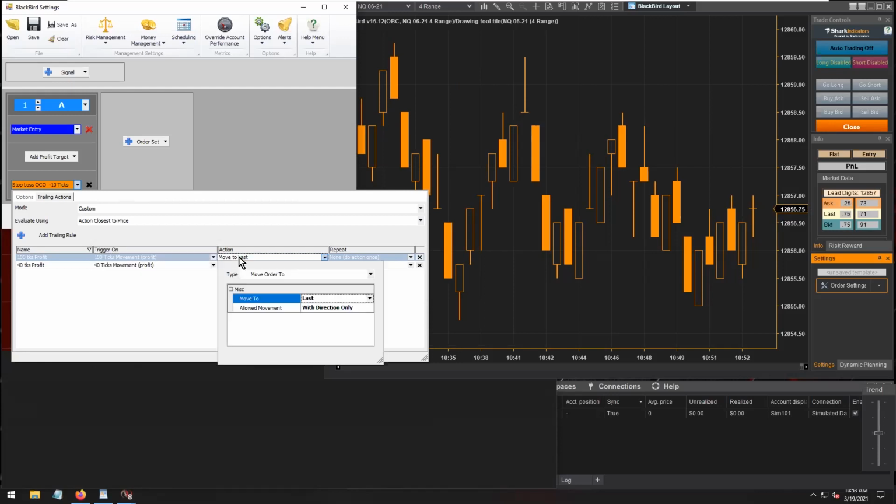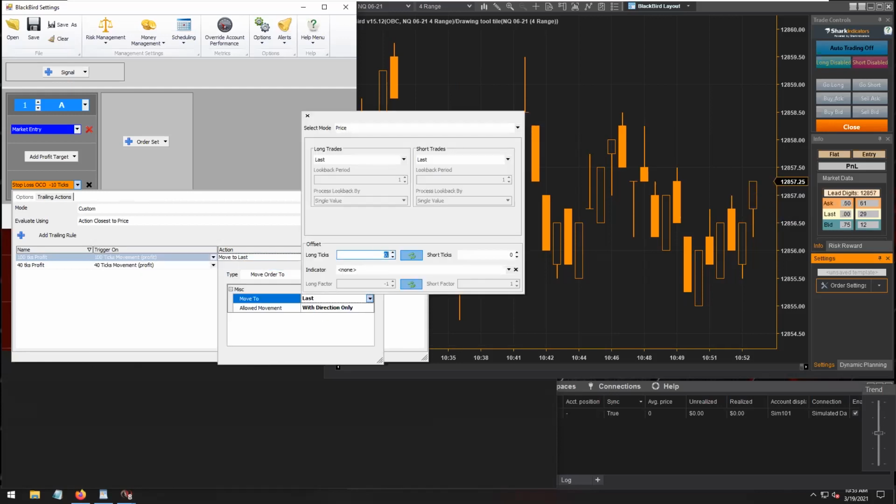And now here in the action, that is where we're going to set our negative 70 ticks offset. And that offset price is from the entry price. So we're going to take the entry price and offset our stop loss. Actually, you know what? I have this backwards.